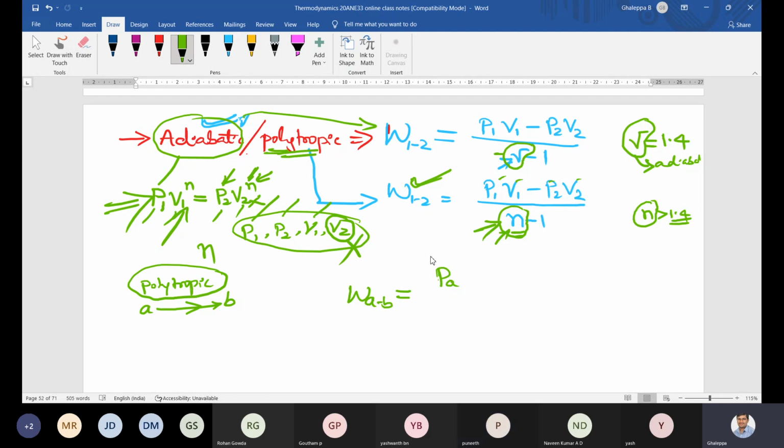Initial pressure, next initial volume, minus final pressure into final volume, divided by n minus 1. What is n? The polytropic index. Okay. Yes. Polytropic index. Okay.